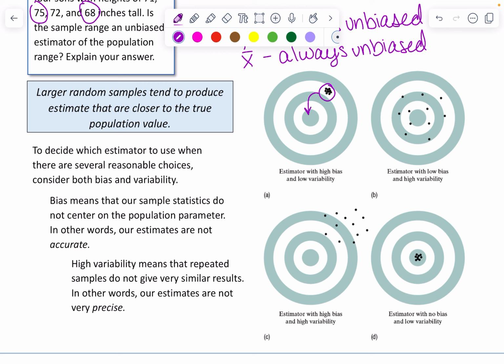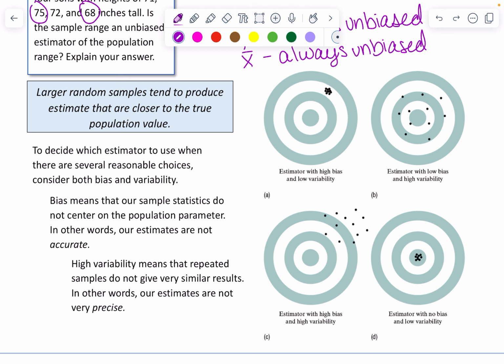I want it to be as close to the target. Larger samples are going to produce less variability. Like the fact that these are all spread out, larger samples are going to get those tighter together. So larger samples produce less variability, so the dots will be closer together.